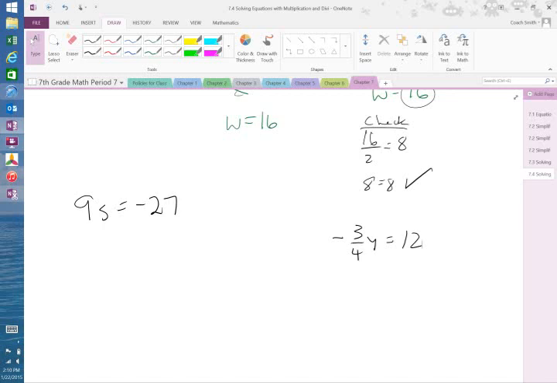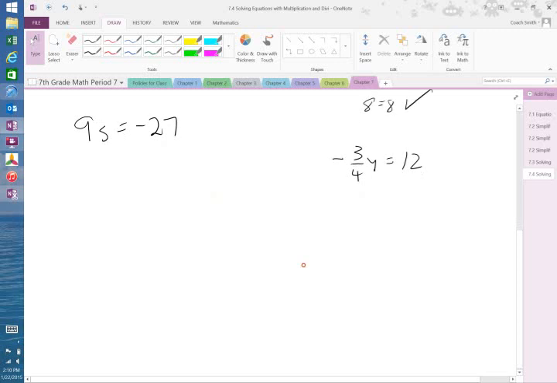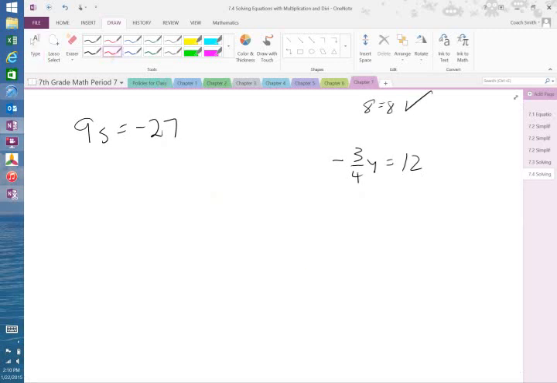All right, now, we solved this problem. We have 9 times s equal negative 27. The inverse of multiplying by 9 would be to divide both sides by 9. So I divide the left side by 9, and they cancel out. I divide the right side by 9, and once again, that's just an improper fraction.